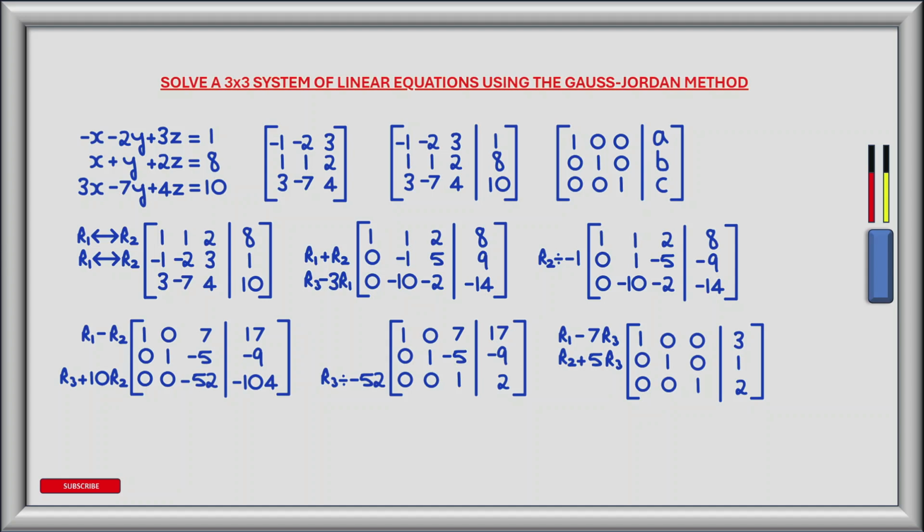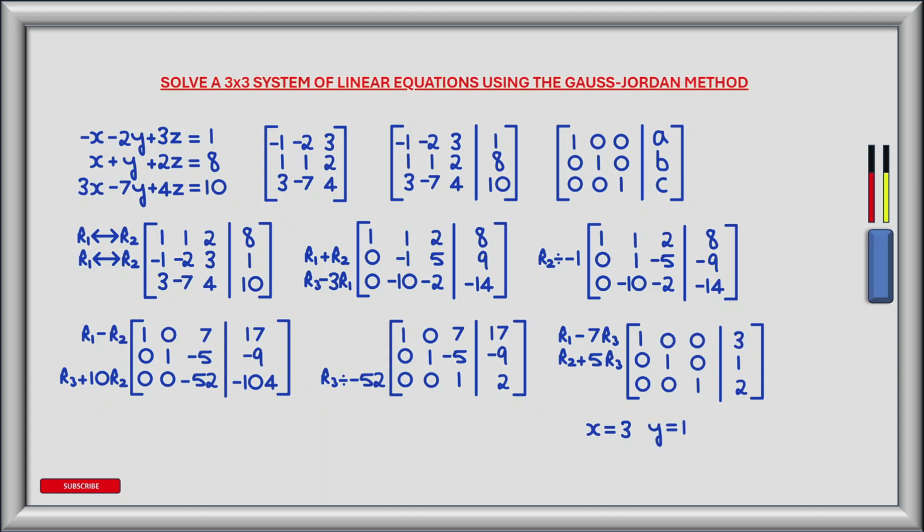And each of the columns represents a variable. So column 1 represents x, column 2 represents y, and column 3 represents z. If we look at row 1, we have 1x, 0 y's, 0 z's, and this is equal to 3. So x is equal to 3.